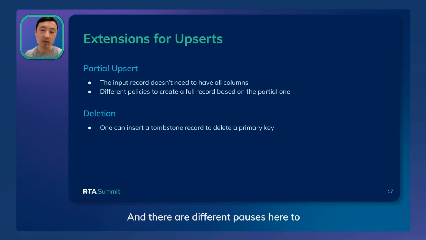There are different policies here to decide how to get this complete record by merging those partial Upserts with the previous one. For example, there are policies to just take the max of the record between the new record and the previous one. Also, there are policies to combine all the values together, so we get all the values for columns. We also added deletion support here, so users can insert a tombstone record to delete some primary key in the tables.